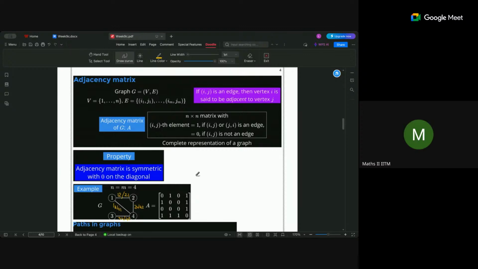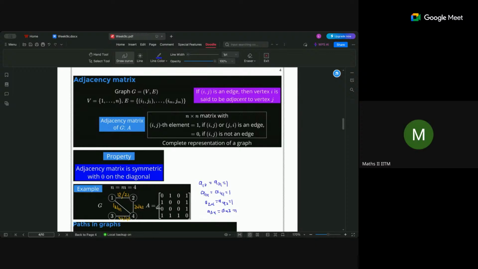From this you can see that a12 and a21 are 1. Same way a14 and a41 are 1, a24 and a42 are 1, and a34 and a43 are 1, and all the remaining entries are 0. Because a_ij is equal to a_ji, either 1 or 0, you can see that this matrix is symmetric.